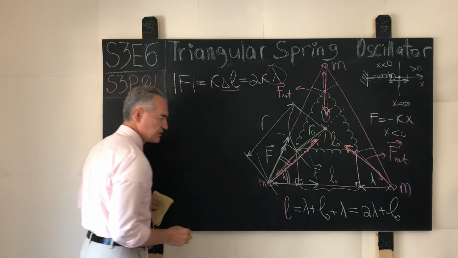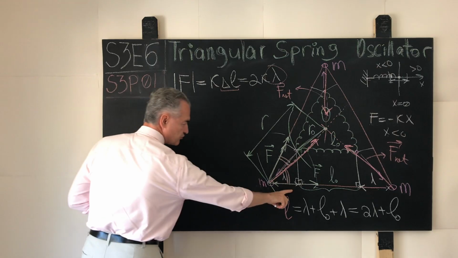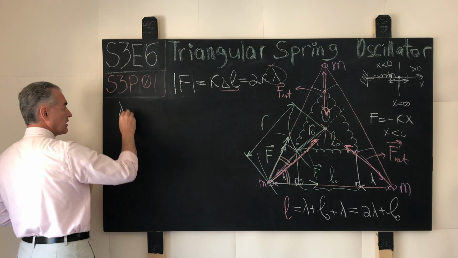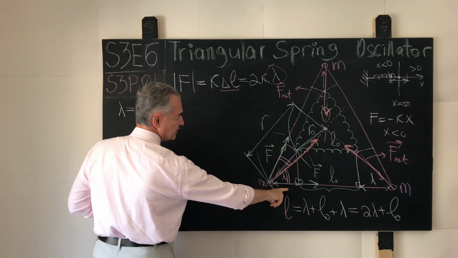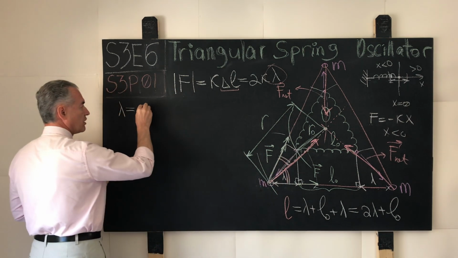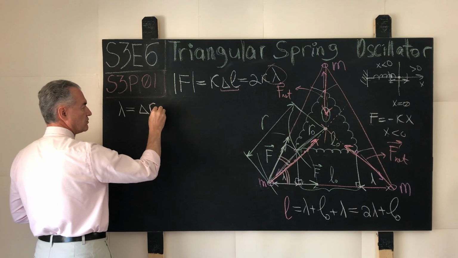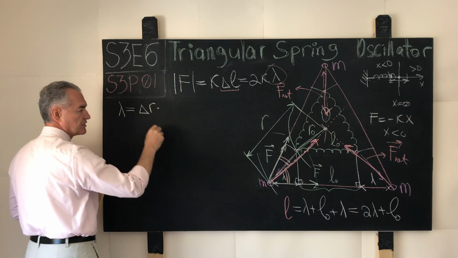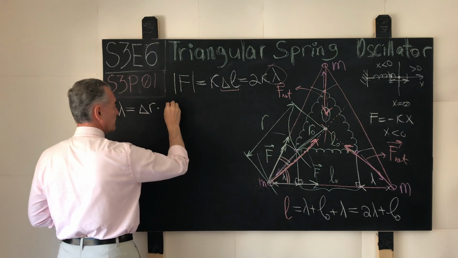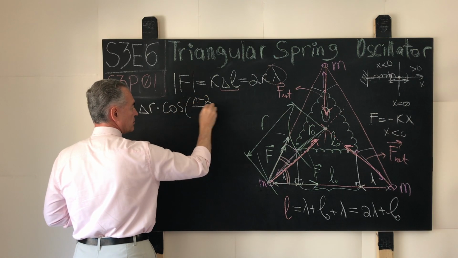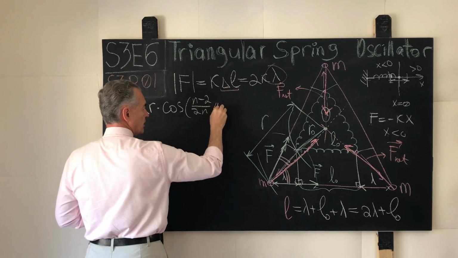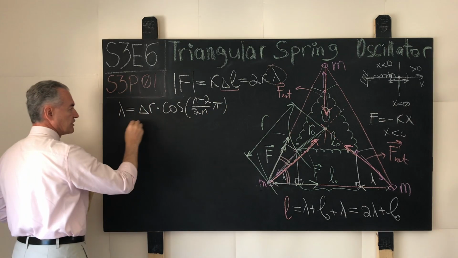What can we say? What is the expression for lambda? Well, lambda is equal to delta r, which I'll tell you in a second what it is, times the cosine of this angle, and the cosine of this angle we already deduced in the previous segments. This is our thing. And what is delta r?